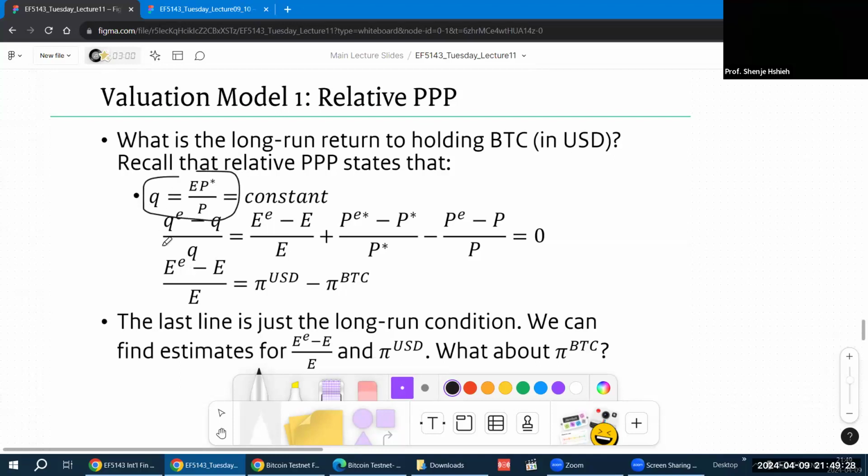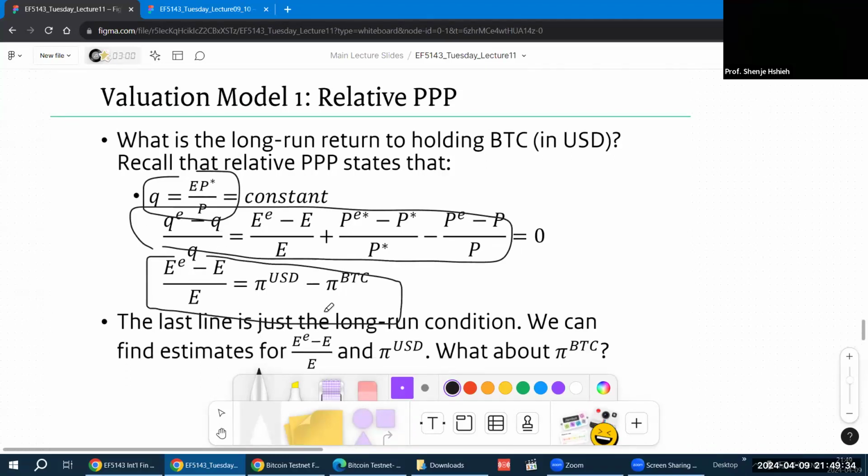So using the rule of changes, we have the following expression, and we know how we can calculate this, right? We know BTC inflation, we know USD inflation, and we can compare the predicted value of the returns on Bitcoin relative to, for example, the US dollar versus what you see in the markets, right? So you have a fundamentals-based valuation based on relative PPP versus what you observe.